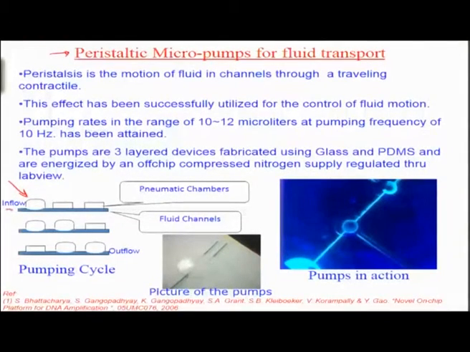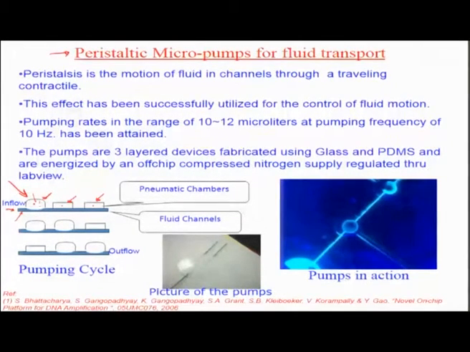Let us say there is an inflow which is happening in a channel, which is colored in blue, and it is being overseeded by a set of chambers which can expand and contract, maybe through pneumatic actuation. In this particular case, we could have again a controlled valve which bleeds in air into such chambers, thus inflating. So, the idea is to create a discrete contractile.